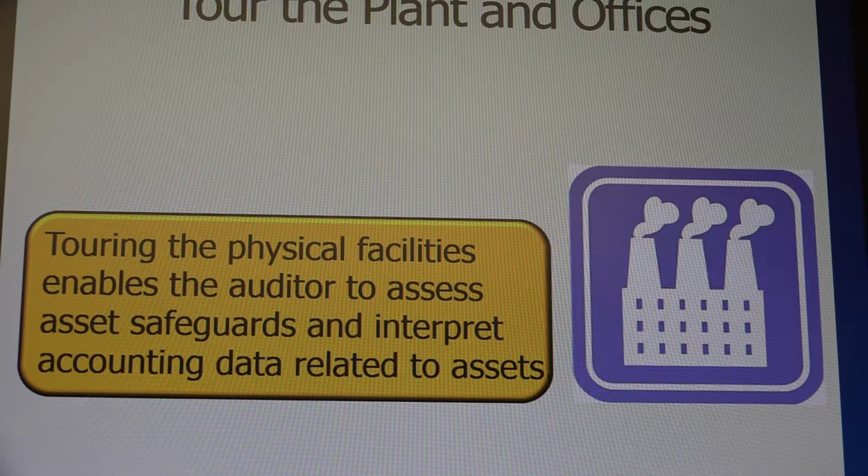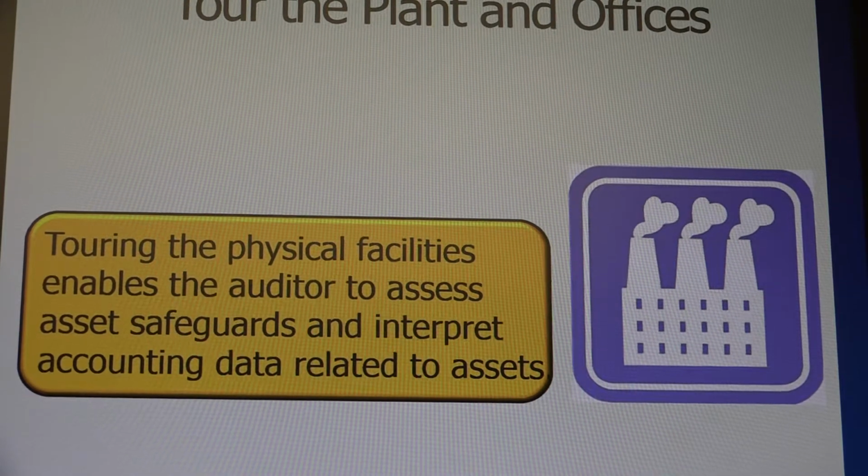By observing while you're touring the plant, you can maybe get a flavor for whether or not certain inventories are sitting too long, maybe getting obsolete. It might give you a better understanding of the accounting data related to those assets that you've observed as well.